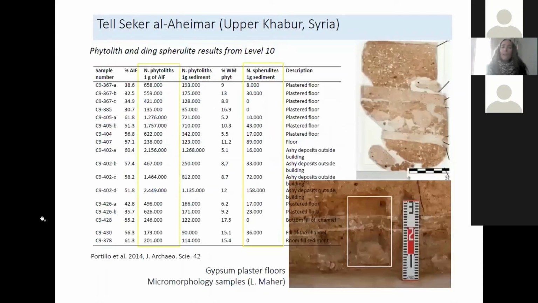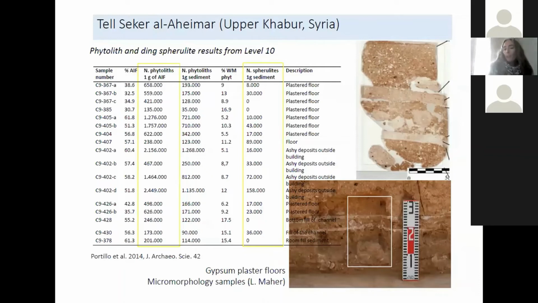What happens inside the buildings, as I said, is studied through micromorphology, the blocks and thin sections. This is the thin sections. Lisa Meyer from Berkeley University did a micromorphological study. They were very clean as well, inside the plasters but also within the preparation fillings of the floor.